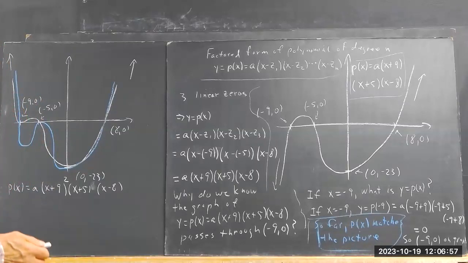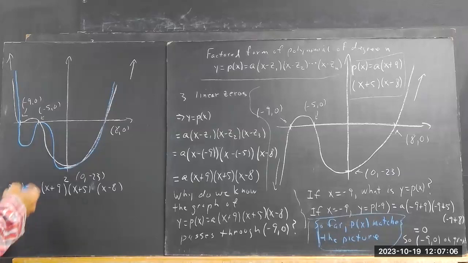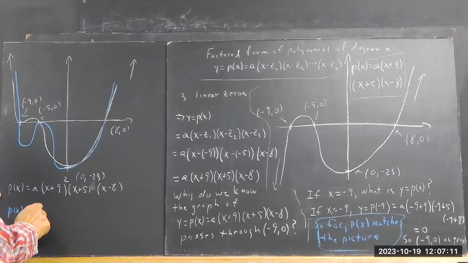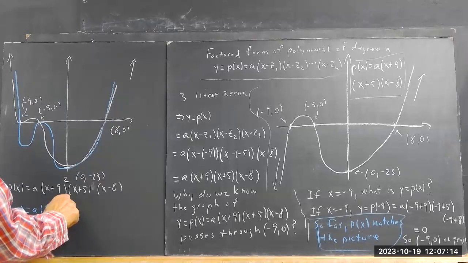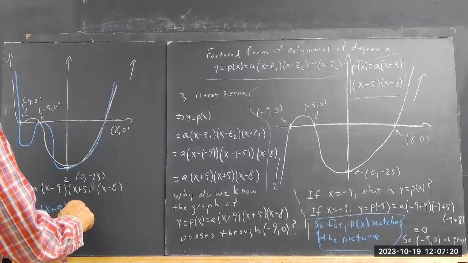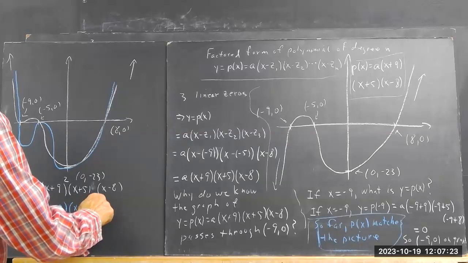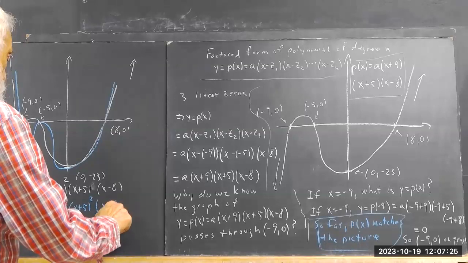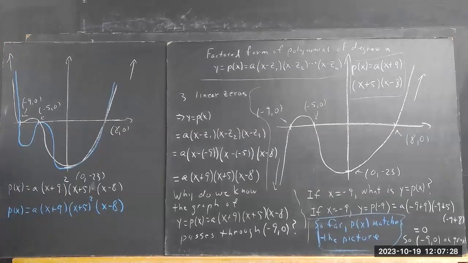So it's going to be a vertically stretched graph, but it's going to be a square graph. But we want to distinguish these. We don't want to call them both P of x. We'll call this P1 of x. We'll call this P2 of x.